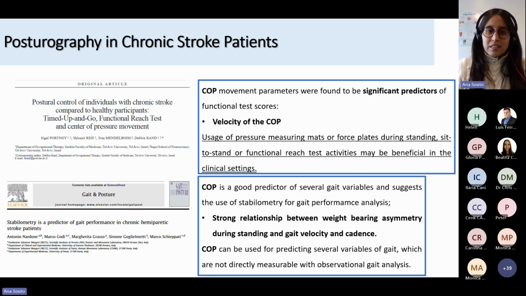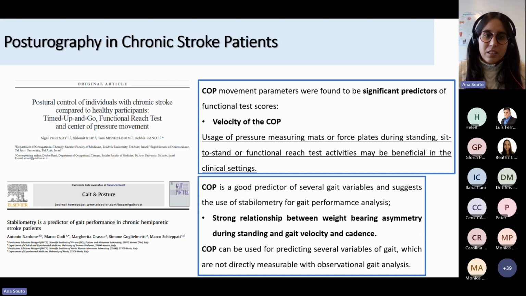They concluded that the center of pressure parameters were significant predictors of functional test scores. Specifically, the velocity of the center of pressure was mostly higher for the individuals with stroke compared to healthy individuals during standing with eyes open and eyes closed and during sit to stand.